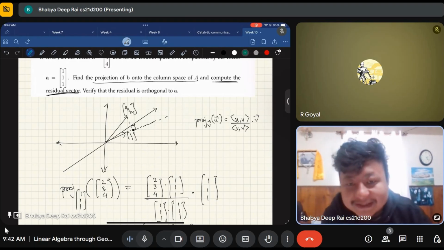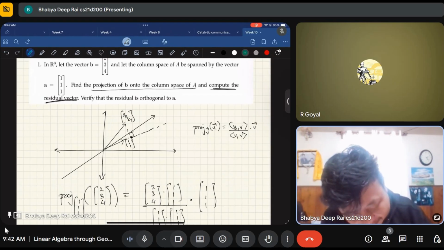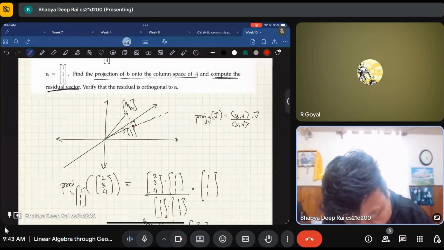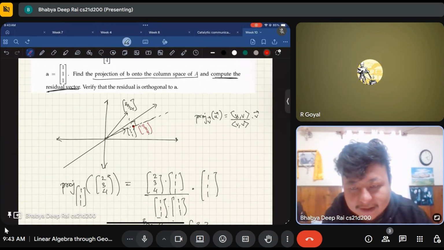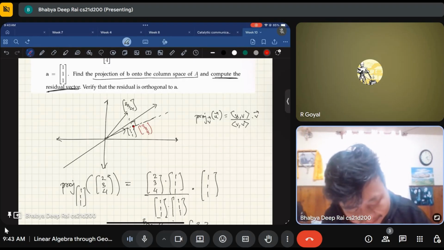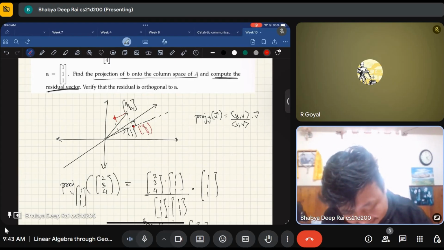But if I do b minus a, see, the projection came to 3, 3, 3, right? Now if I do b minus a, which is 1, 1, 1, I will subtract the 1, 1, 1 component and get here, and it has this distance.